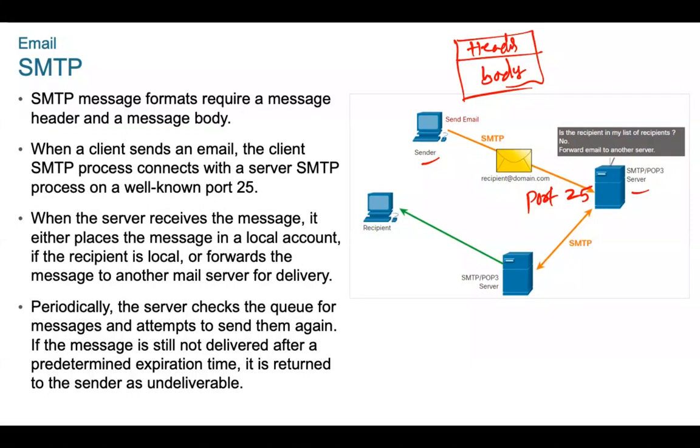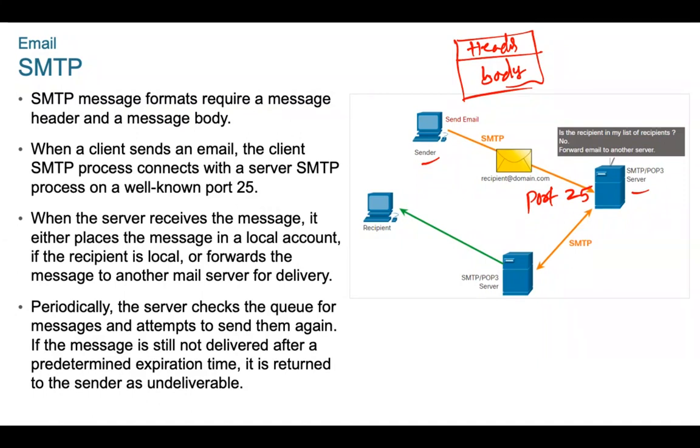So when the server receives the message, it either places the message in a local account if the recipient is local. That means if they are in the same domain, like .com or .edu, then you can place it in the local account, or it forwards that message to another mail server for delivery.